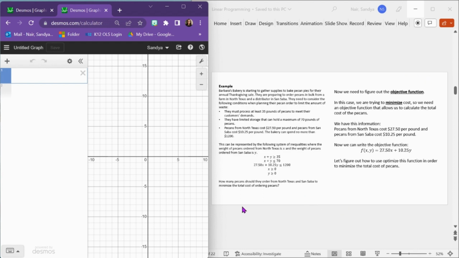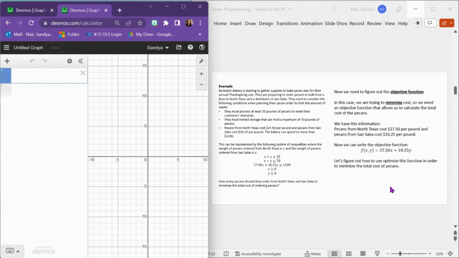We also need to figure out the objective function. In this case, we're trying to minimize the cost, so we need an objective function that describes the total cost. We have this information from our word problem: pecans from North Texas cost $27.50 per pound, and pecans from San Saba cost $10.25 per pound. We can use this information to write the objective function, f(x, y) = 27.50x + 10.25y.